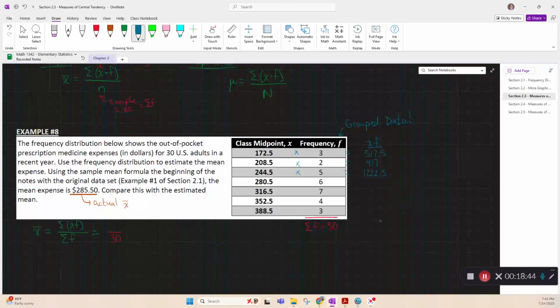I'm going to use my little cheat sheet to expedite things. This is going to be 1683, 2215.5, 1410, and 1165.5.